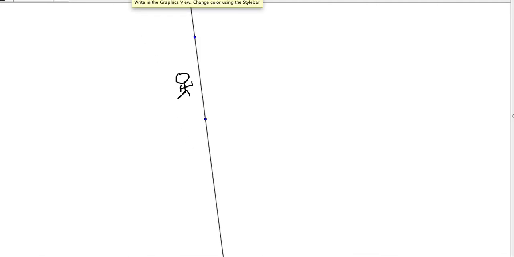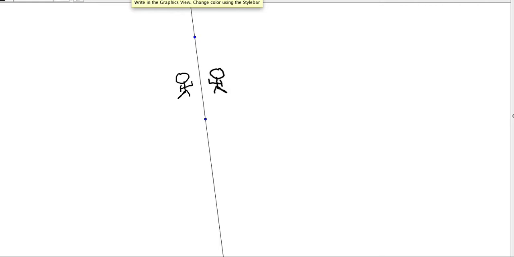This is how the reflection of our stick figure will go. Let's choose that object and choose that line. If you notice, the reflection is on the other side. This is the mirror image of the other figure. Basically, I just flipped this figure and put it on that side.